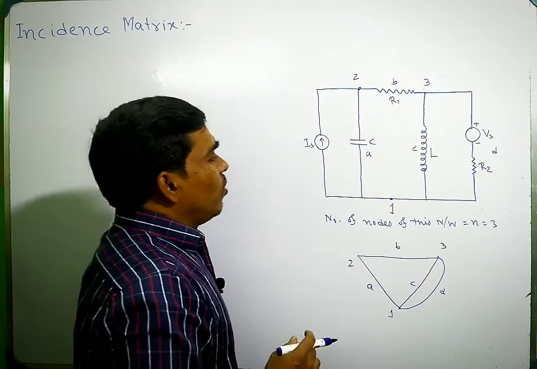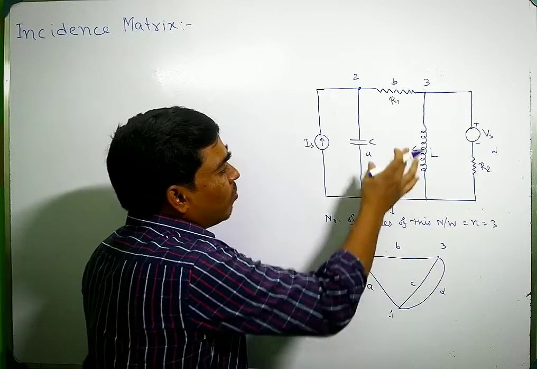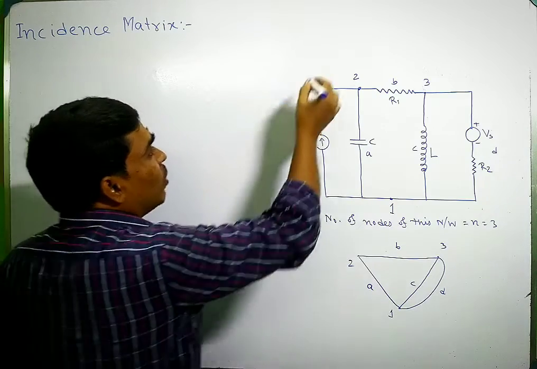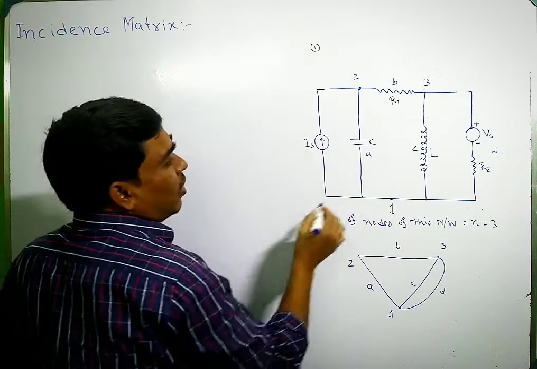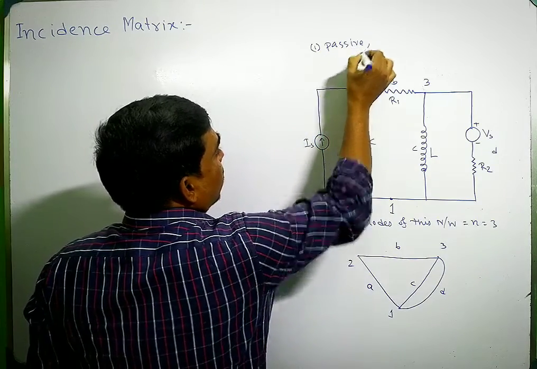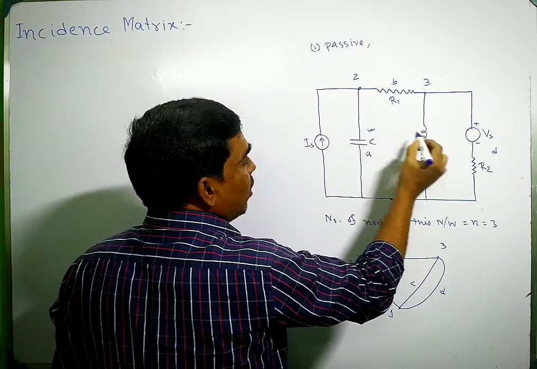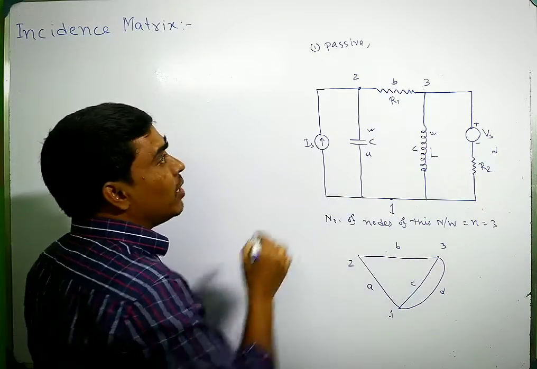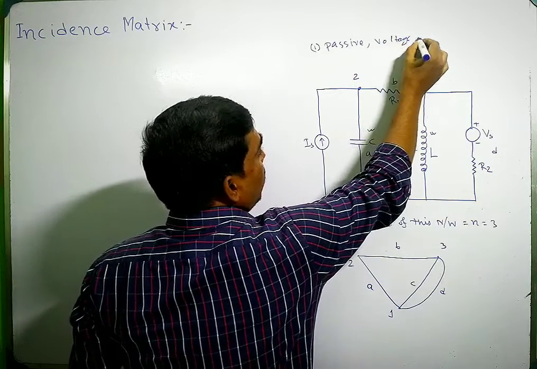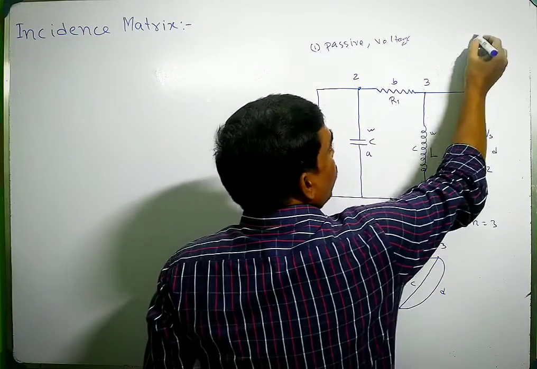Now, how do we create a graph from this network? We have to do two things. Number one, passive circuit elements stay, and the voltage source must be short circuited.